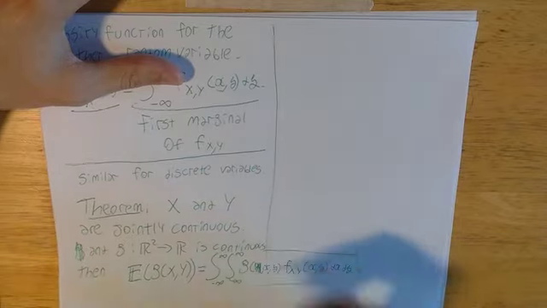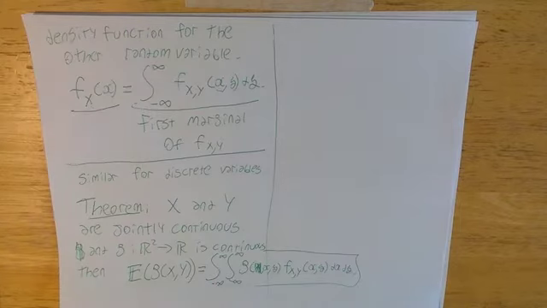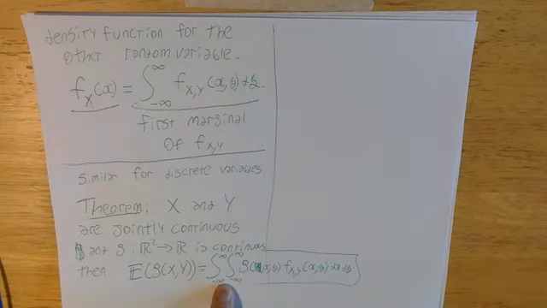Okay, so this we did for discrete random variables, and the proof would be the same for continuous random variables. Now, instead of having a sum as in the discrete case, you would have an integral in this case.